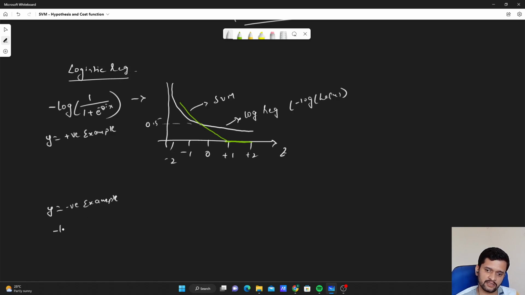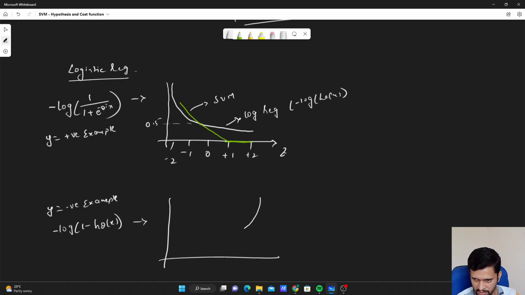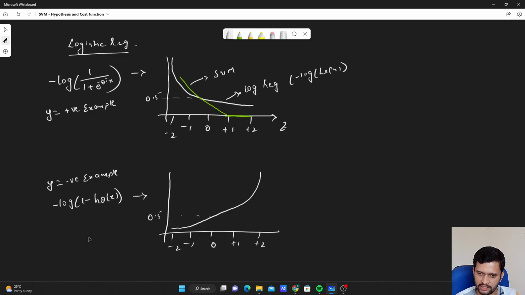It is minus log of 1 minus hypothesis, right? Correct? And this, in a visual way, we can represent like this. Okay, so 0, plus 1, plus 2, minus 1, minus 2, and this will be exactly 0.5.